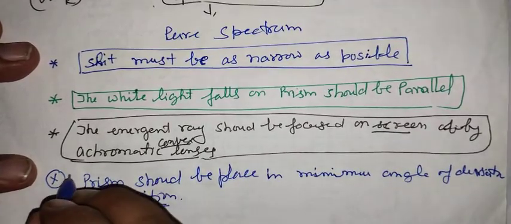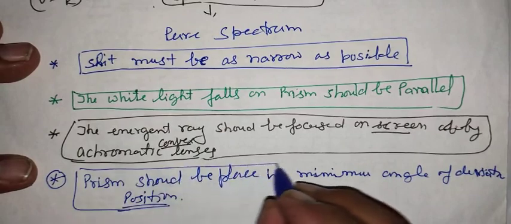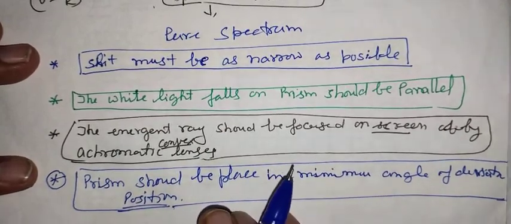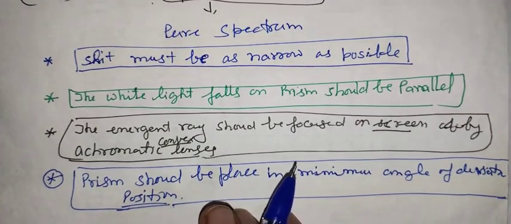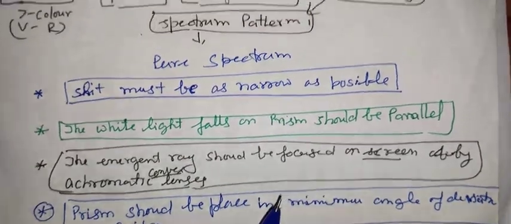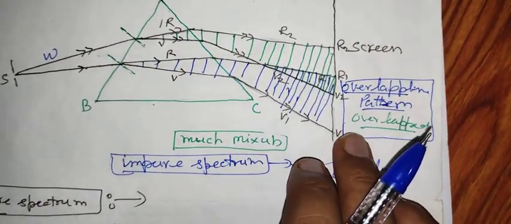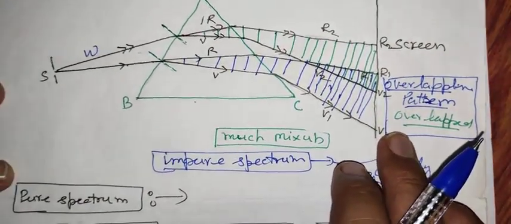If you apply all these four conditions as far as possible, then in place of getting an impure spectrum, a pure spectrum can be obtained.